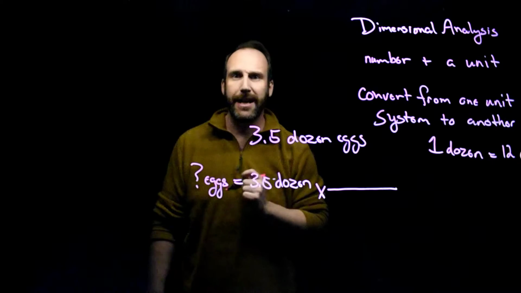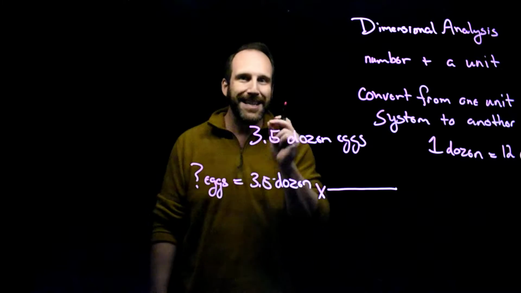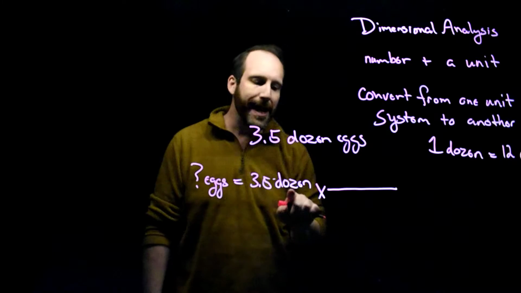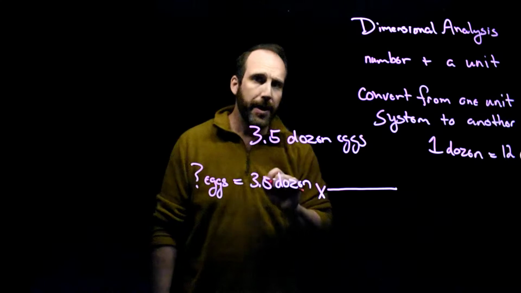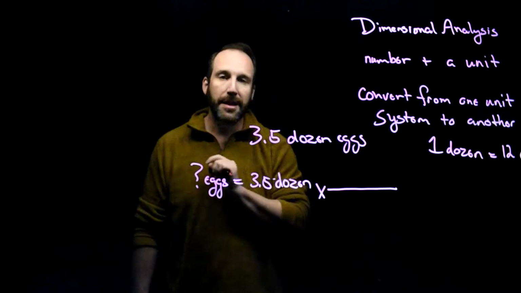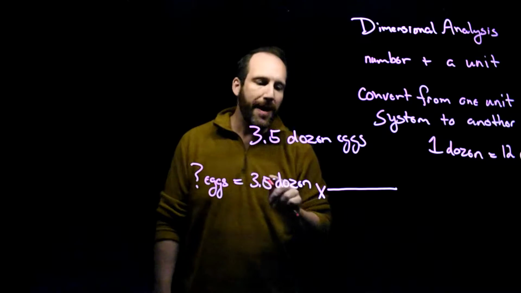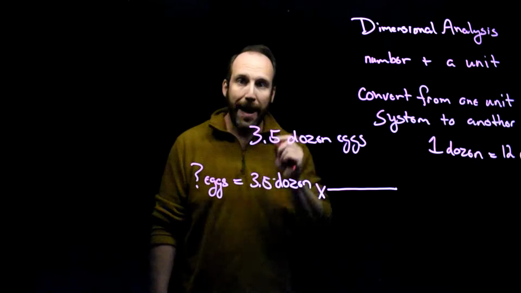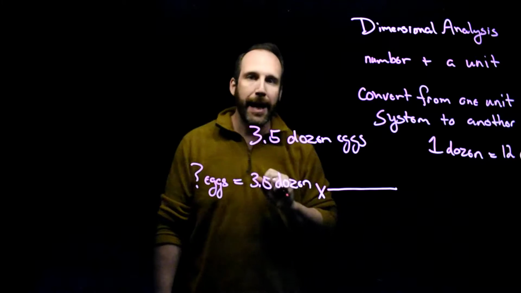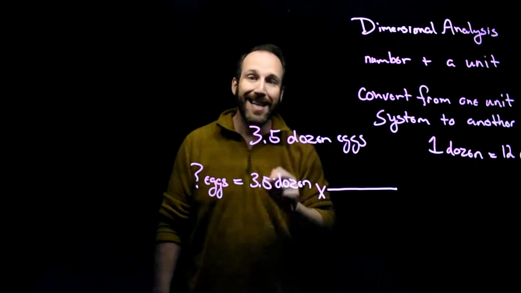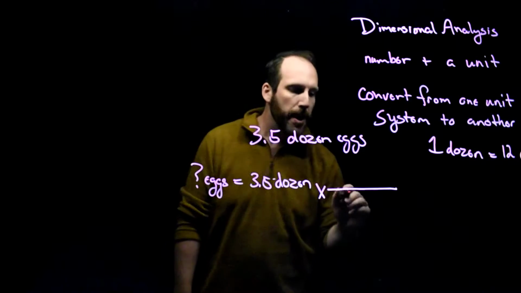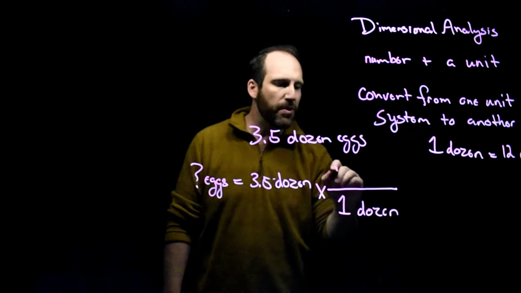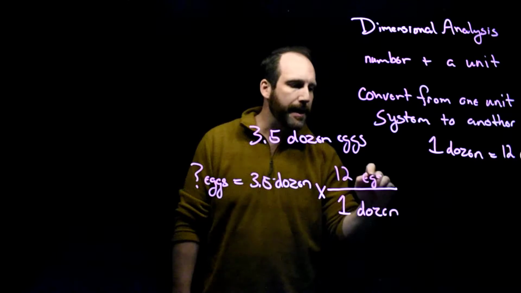Now the trick here is to make sure that we put it into a fraction in the right way. Remember, we're trying to cancel out this unit and be left with the unit that we want, right? So if I want to convert from dozen to eggs, I'm going to make my fraction have the unit dozen in the denominator. So I'm going to say 1 dozen is equal to 12 eggs, right?